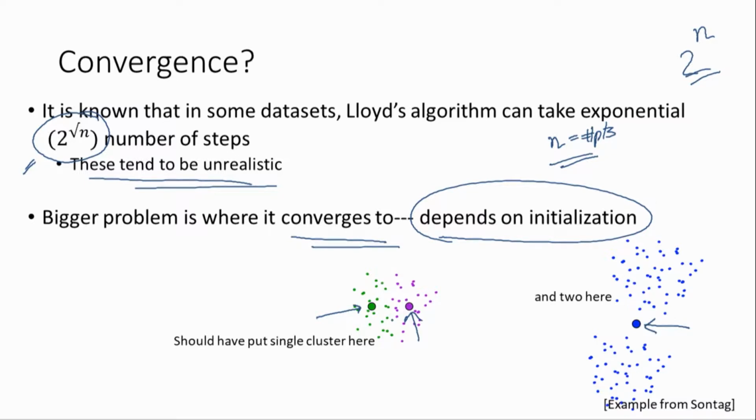Because of these two centers, this cluster will be partitioned, and because there is so much distance between this set of points and this set of points, all of this will be assigned to this blue center, and they will never change. There will be some partition here, but all of the blue points will come to this blue center. So that's not very nice. And this will happen if you do this assignment. There's nothing you can do to change this. So then what should we do? We need to initialize better.